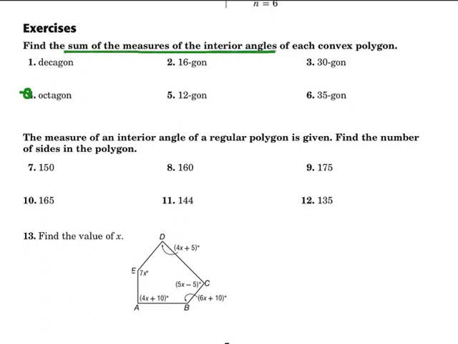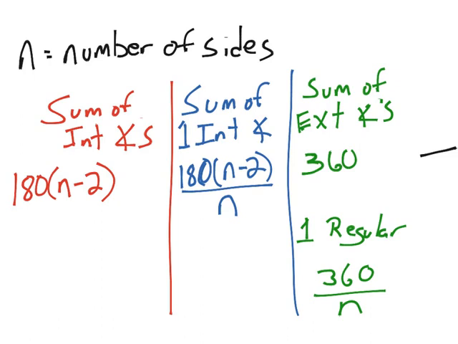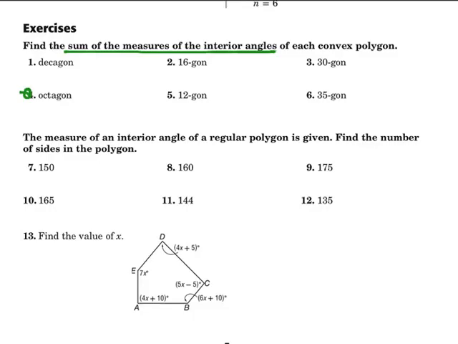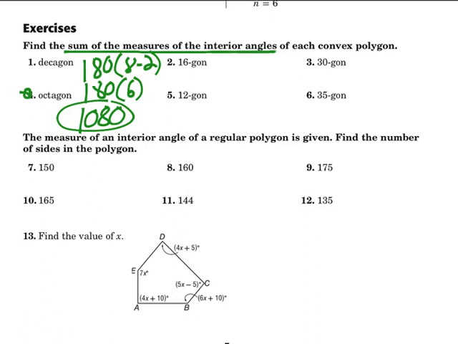I'm going to use that formula: 180 times 8 minus 2, 180 times 6, because 8 minus 2 is 6. And 180 times 6 is 1080. That's my answer done.